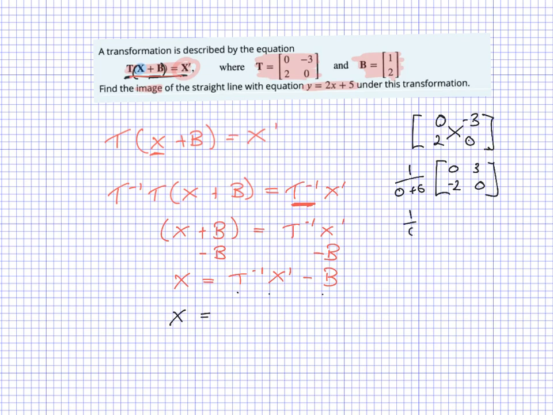Then I have 1 over 6 multiplied into each element of the matrix, and I end up with 0, 1/6 of 3 is a half, 1/6 of minus 2 is minus a third, and 1/6 of 0 is a 0. So the inverse matrix is this.